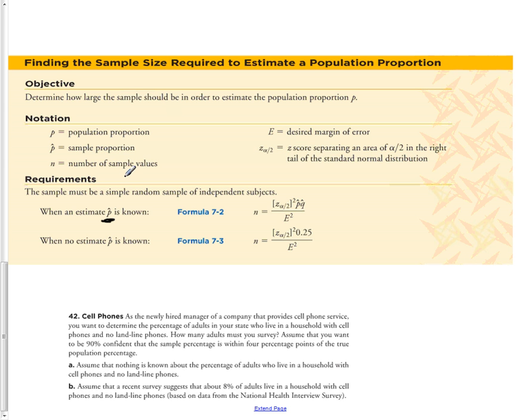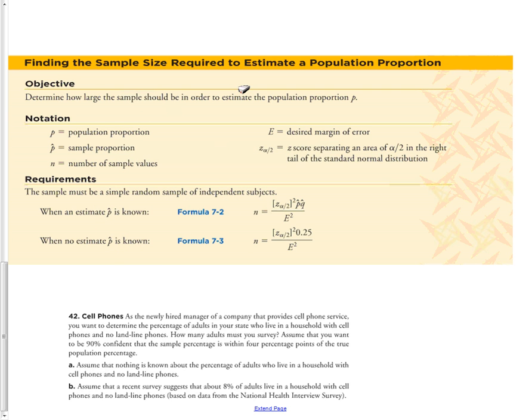Well, in that case, we would use formula 7.2, which is really formula 7.1 solved for n. If you take formula 7.1, which showed us how to calculate the margin of error, and you solve it for n, you'll get formula 7.2.